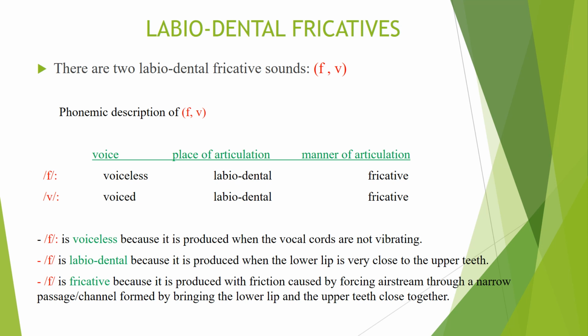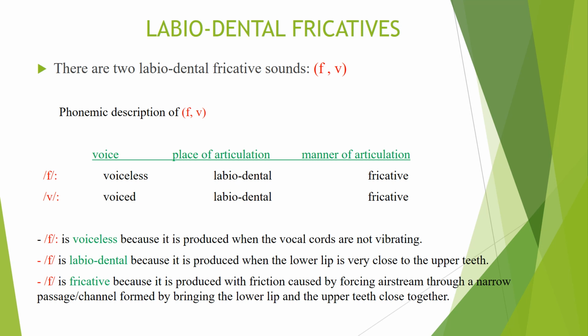The first group of fricative sounds is called labiodental fricatives. Labio means lips and dental means teeth. There are two labiodental fricative sounds in English, which are f and v.